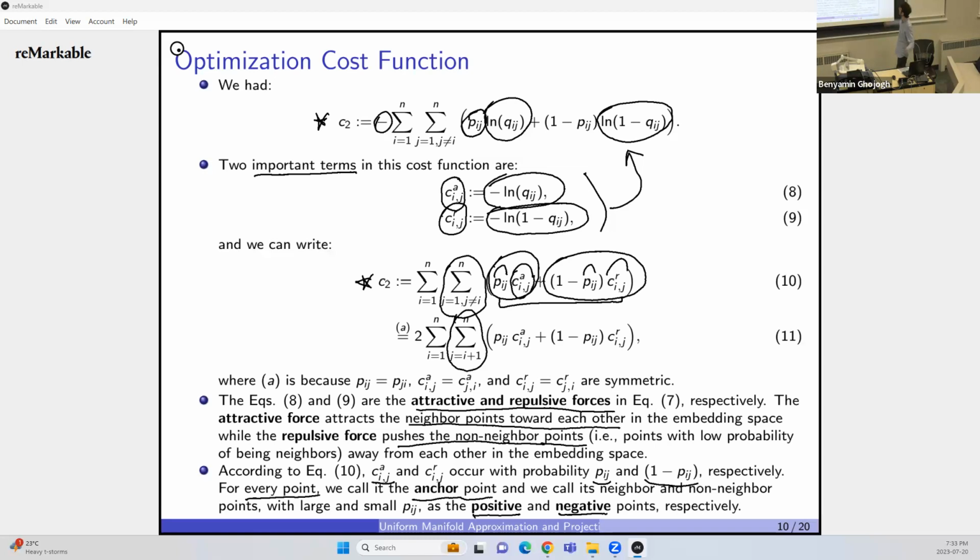The same analysis holds for the repulsive force. When i and j are similar, Pij is large, 1 minus Pij is small, so the repulsive force is multiplied by a small number. However, when i and j are very dissimilar, Pij is small, 1 minus Pij is large, so the repulsive force is multiplied by a large number.